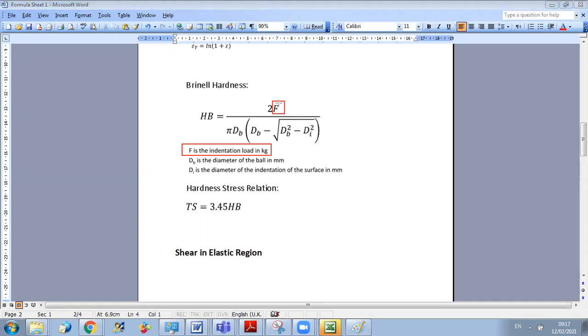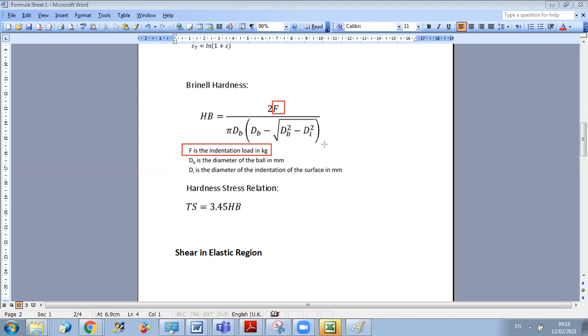They replace F by the force, not by the mass. This will give you a wrong result. So F is the load in mass, if you want. dB is the diameter of the ball, and it's in millimeter, while di is the diameter of indentation and also is in millimeter. So just pay attention to units.